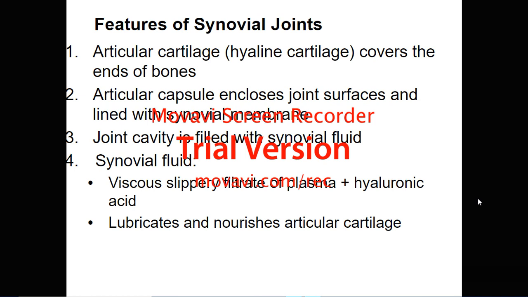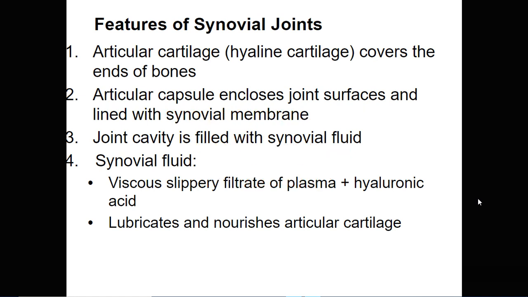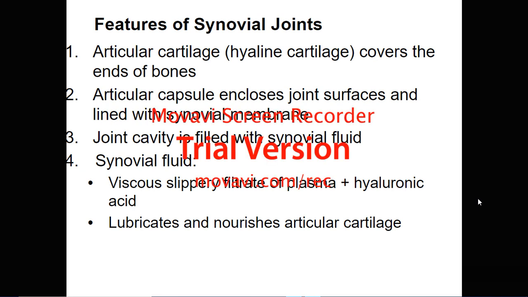If you remember when we talked about connective tissue, hyaluronic acid makes a gel-like matrix in a connective tissue. So the synovial fluid is viscous because it contains hyaluronic acid secreted by cells in the synovial membrane.